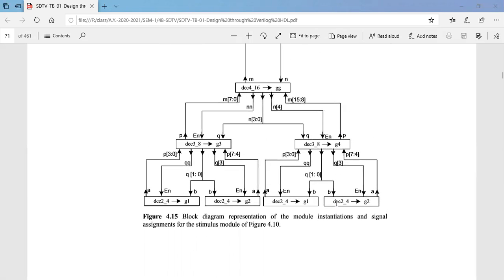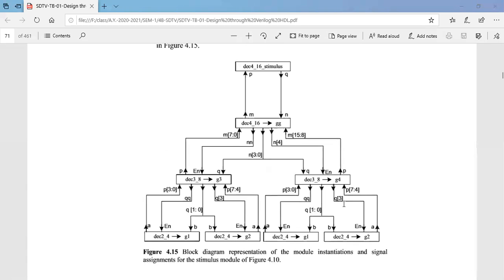So what is this? Here we are first designing a 2 by 4 decoder, and we are using 4 such decoders.